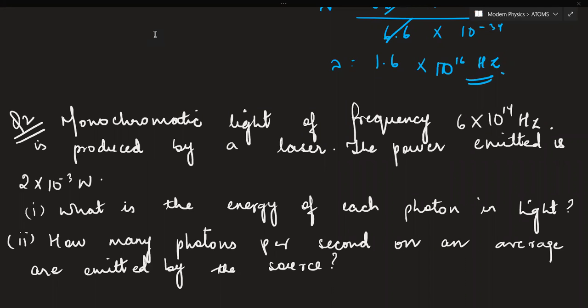Planck's constant, frequency is given in SI unit only, so you don't need to convert it into anything. Your final answer will be in terms of joules only. So if you want to calculate in terms of electron volts, you can divide it by the charge. But right now, calculate in terms of joules only.